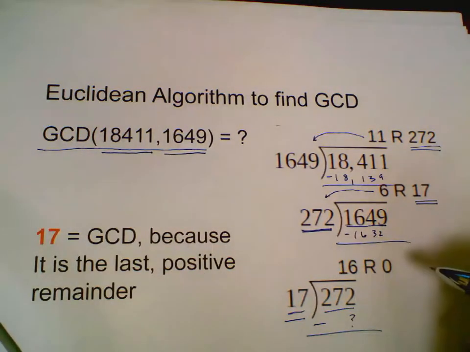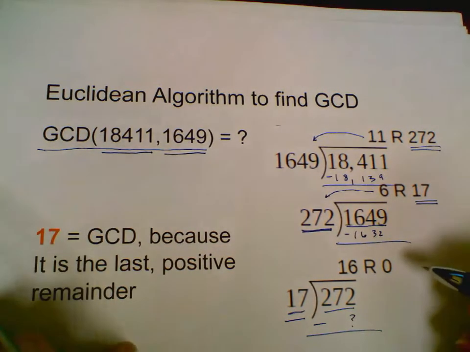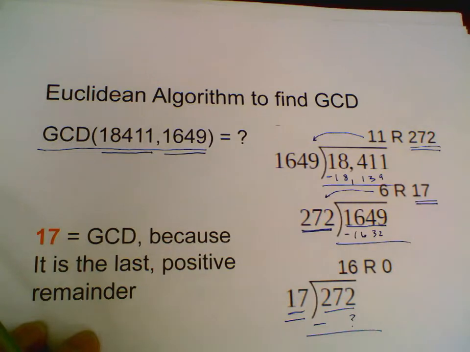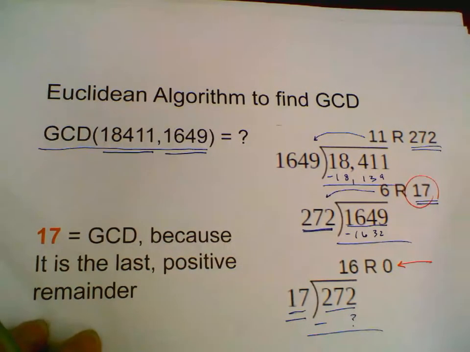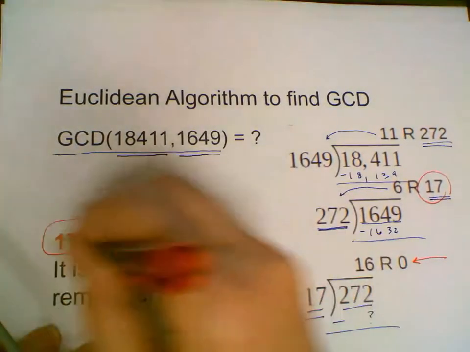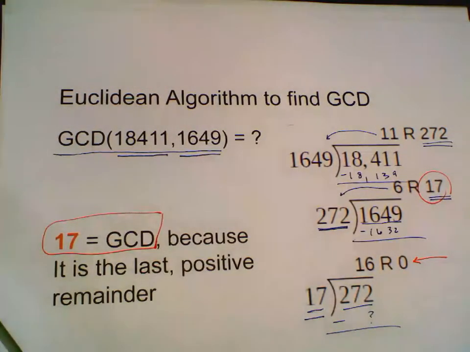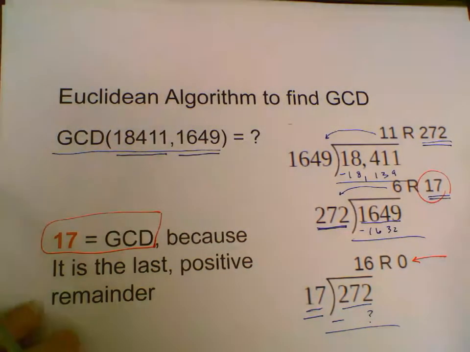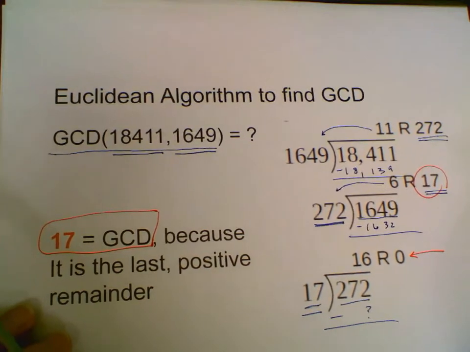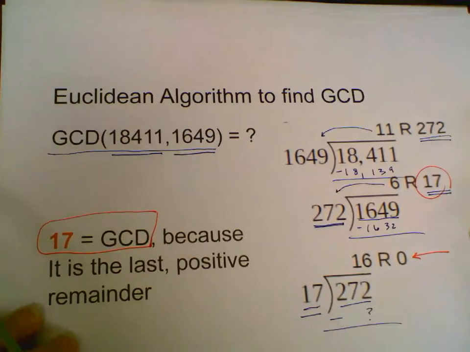Ooh, and it's exactly 272. There's no remainder. When there's no remainder, the answer is the last remainder you got. 17 is the greatest common divisor between those two numbers. It's actually a very fast method for finding the greatest common divisor of large numbers.